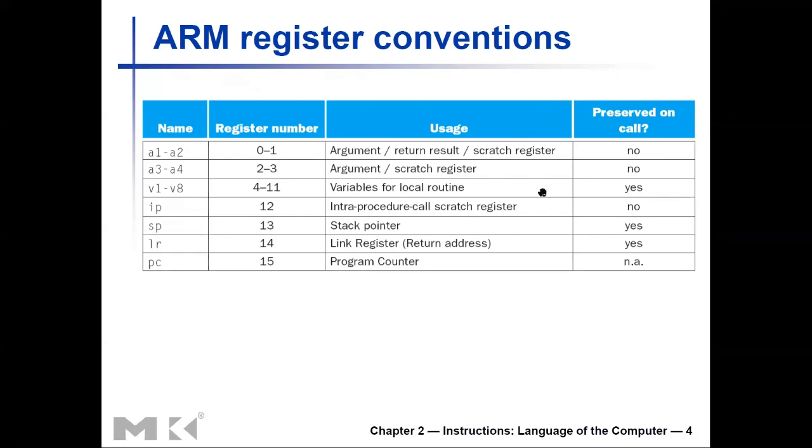Maybe we'll come back to this slide when we get the real need of having such a convention. There are conventions like these registers we'll use for this purpose, and those registers we'll use for that purpose.